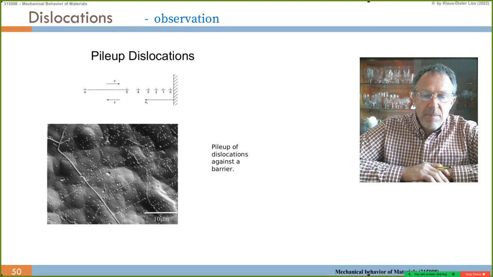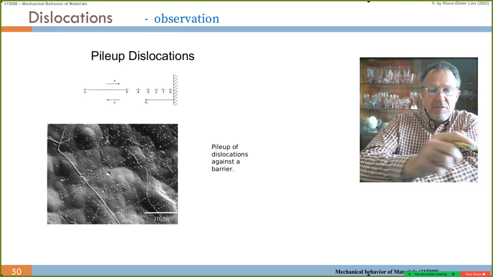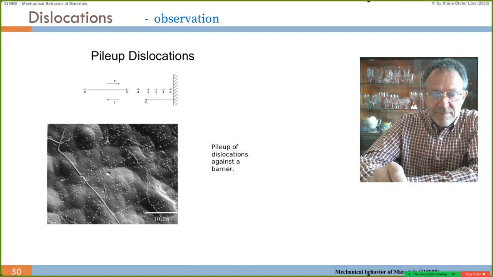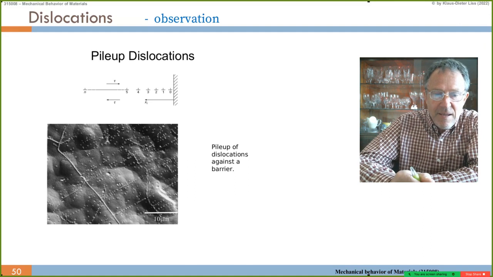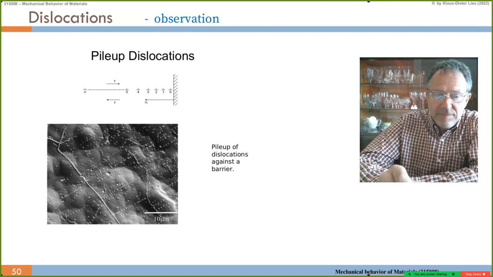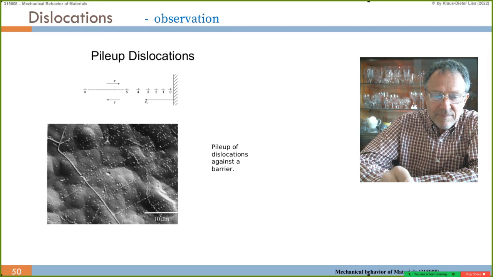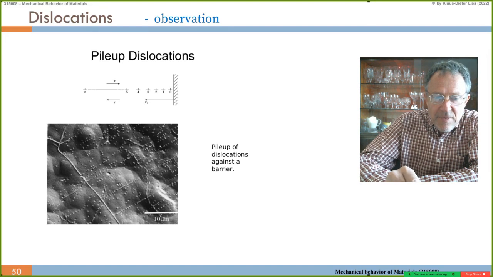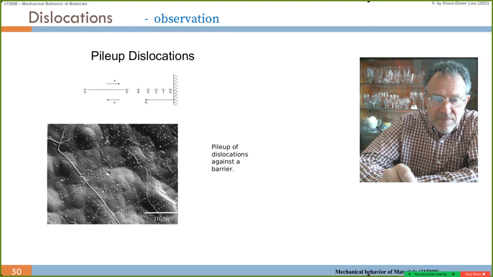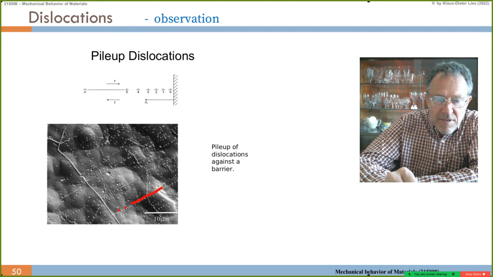There is pile-up of dislocations, also very important. We come to it for plastic deformation in polycrystalline material. So what we see here, these may be edges, etching pits, and we see a lot of dislocations lining up along this line.